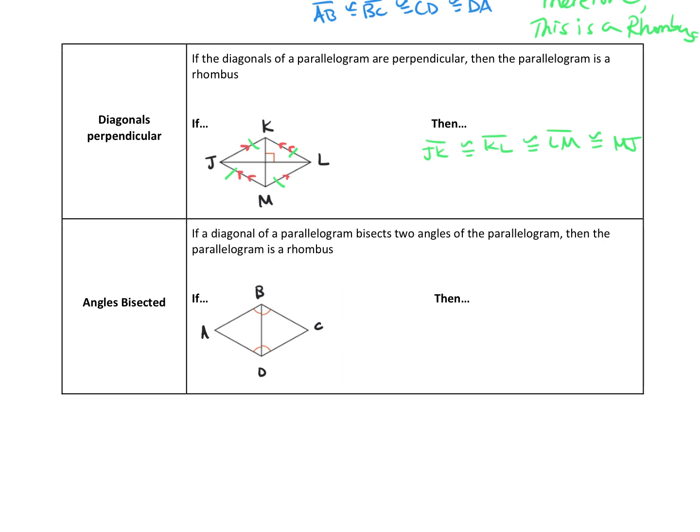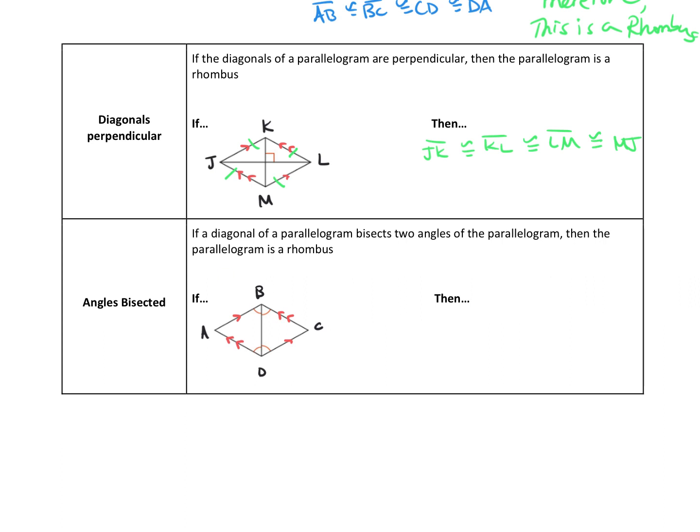So if a diagonal of a parallelogram, so again, it's another parallelogram, so let's just mark those opposite sides parallel. Just so we're remembering, we are talking about a parallelogram, opposite sides are parallel. If a diagonal of a parallelogram bisects two angles of the parallelogram, so here's a diagonal, it's bisecting angle B and angle D, so when that happens, then the parallelogram is a rhombus.